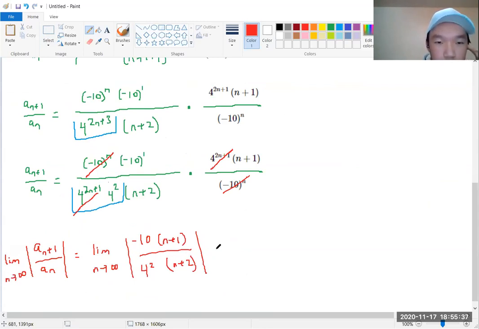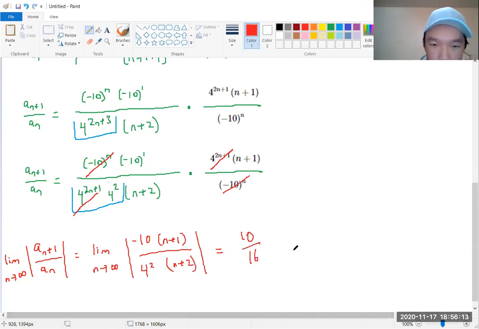Can you guys see what the limit is here? Yeah, it's 10 over 16, right? So the reason why that happens is the n plus 1 over the n plus 2, that goes to 1 as n goes to infinity. So you just have negative 10 over 16. But since we're taking absolute value, it's positive 10 over 16. Okay, so we have our limit.